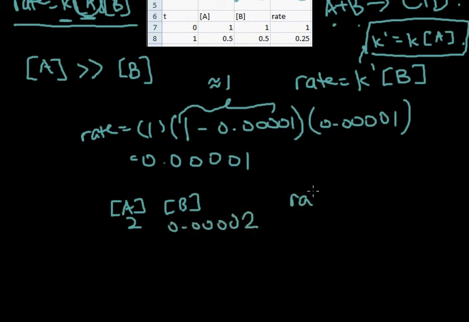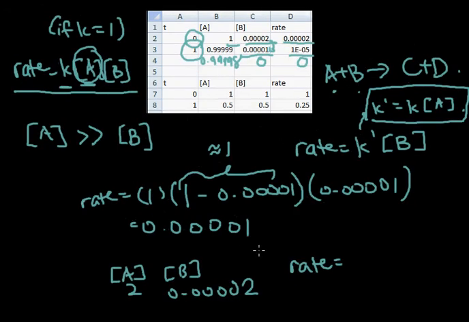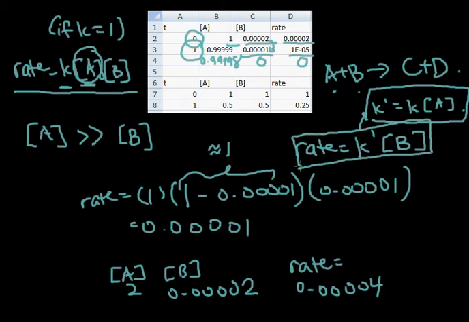The rate in this sense, if we compare it with this, is actually 0.00004. So the rate changes. So even though rate equals K prime times B, this is saying that as time goes by, the reaction acts like a first order reaction with respect to B, because A effectively remains the same, 2, and after that 1.99999, and this one B is 0.00001.